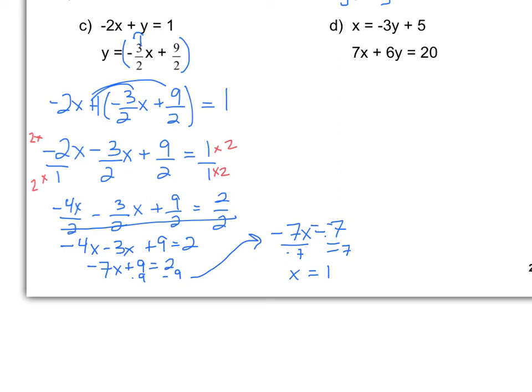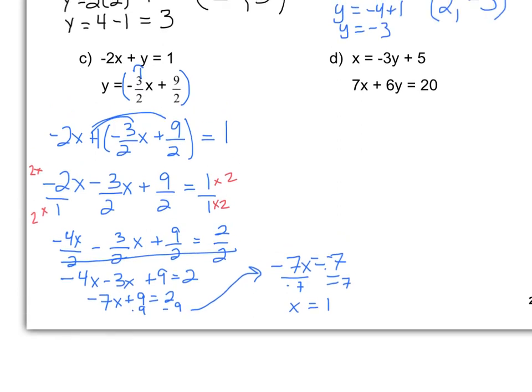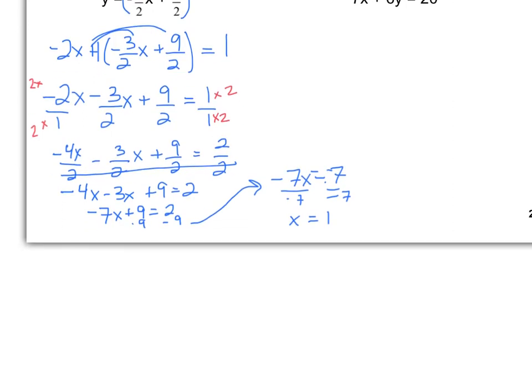The last step is to solve for y. Now if we go back and look at our original equations, since this one here has fractions, I don't like the look of that. I'm going to use this first one. So I'm going to replace x with 1, and I'm going to solve for y. So it was negative 2x, but instead of x, I'm going to put in 1 plus y equals 1.